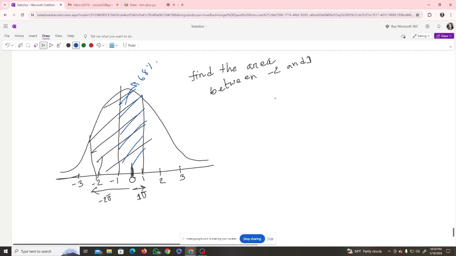And if you also take this whole part, in this whole portion we find 95 percent of the distribution. So to find the distribution between -2 and 1, we have to find this part, right?